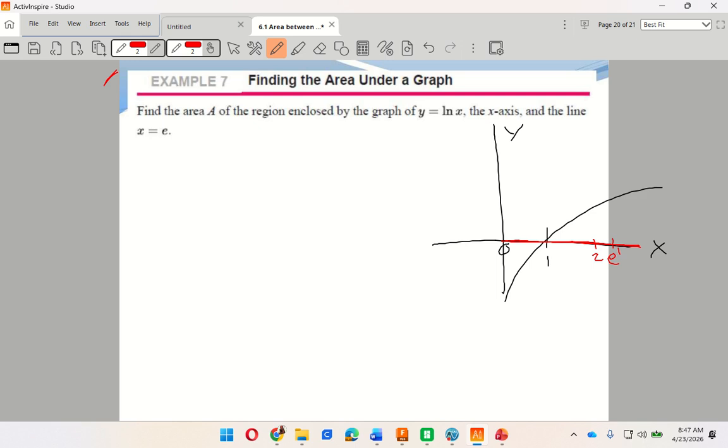So it's going to be right there. So just a quick sketch, and this is the area that I'm bounding that I need to find the area of. So it's going to be from 1 to e. So integration from 1 to e, and my function is ln x dx.